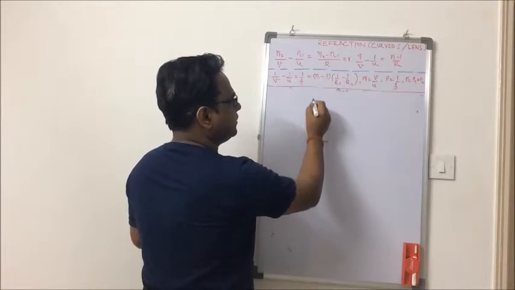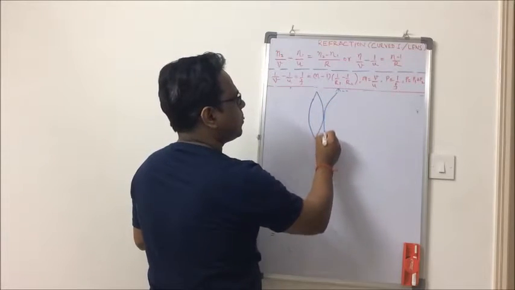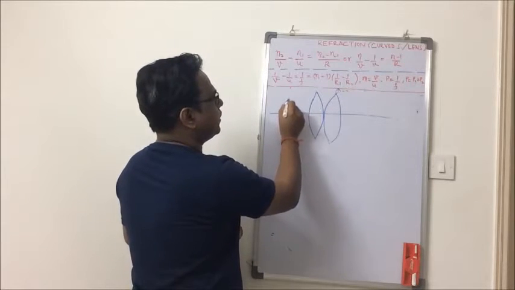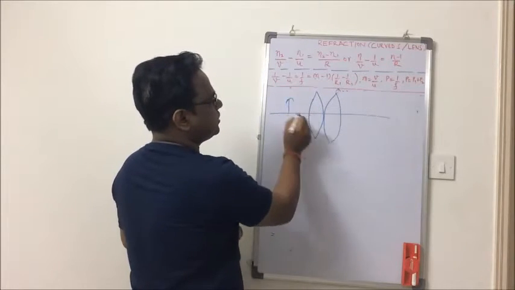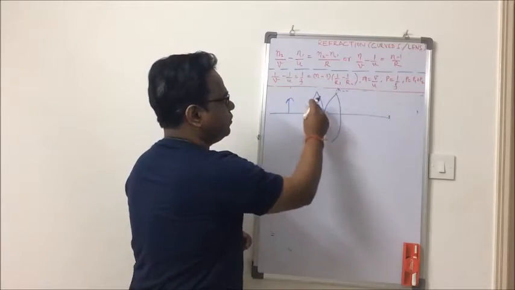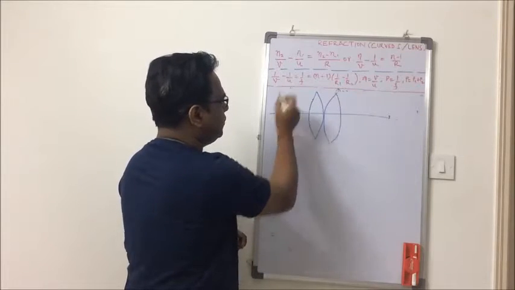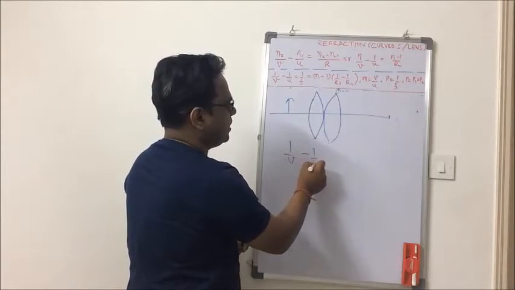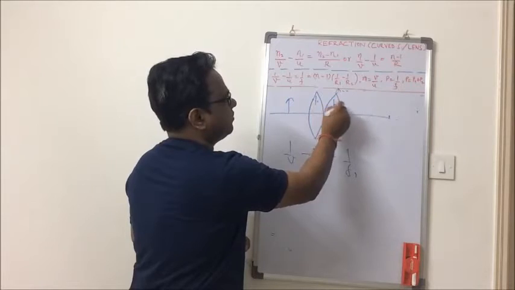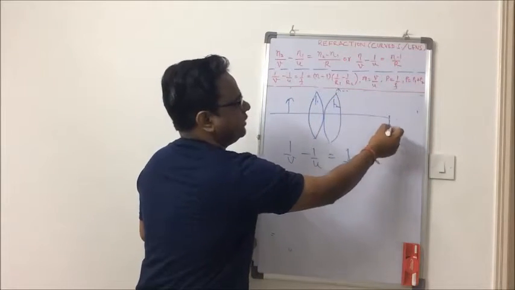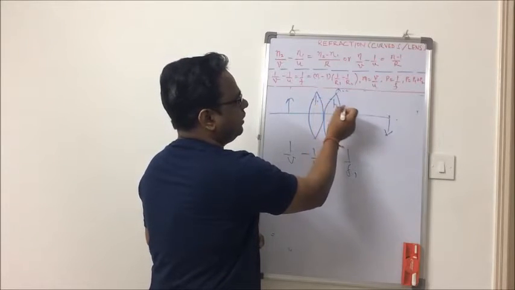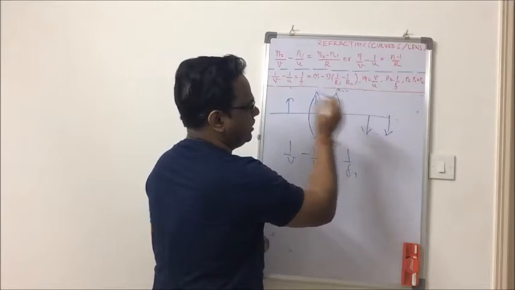So if you take it like this, you will have the image position due to the first lens, and we will use 1 by V minus 1 by U equal to 1 by F1. Let's say this is F1 and this is F2. This is the image formed by the first one, but rays would be refracted to the second, and the final image would be formed somewhere here.